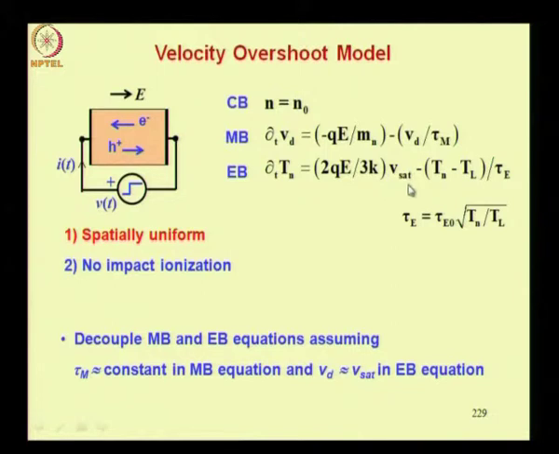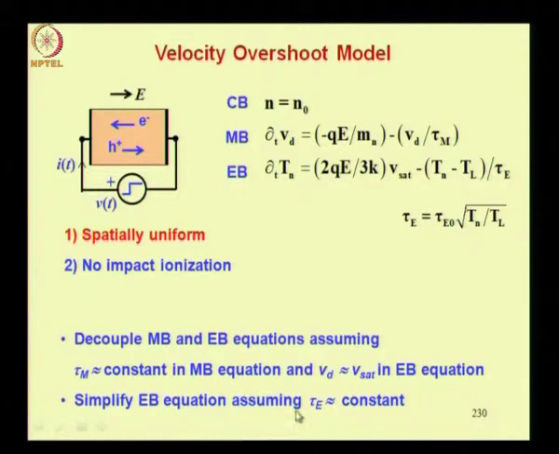So we have replaced Vd by Vsat, a constant, and we have removed the tau m because it is a constant, but we still have tau e as a function of electron temperature with a square root sign here. Now that is going to complicate the solution of this differential equation. So the next simplification we do is that we simplify the energy balance equation assuming tau e is constant. So here we will set this to be constant, so we remove the tau e expression also.